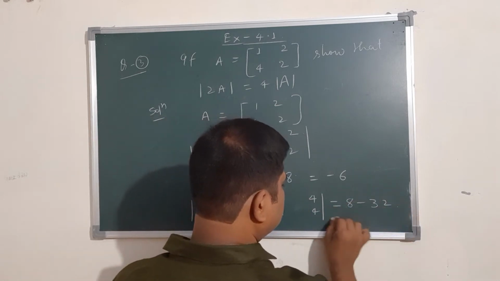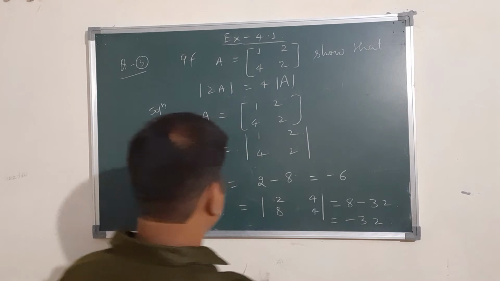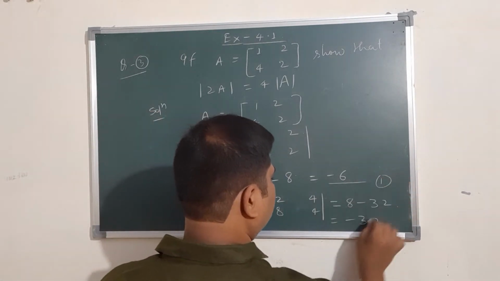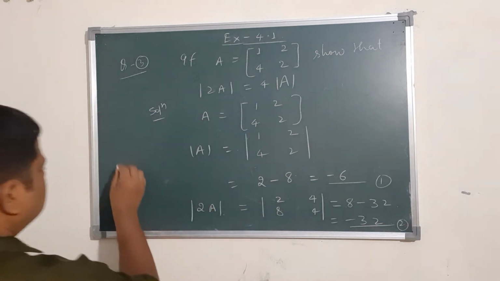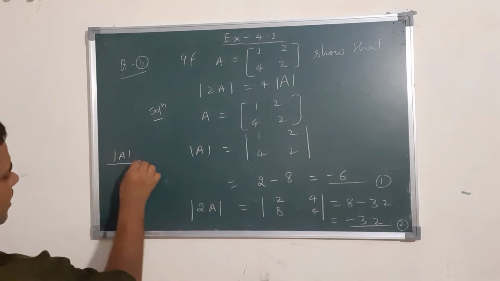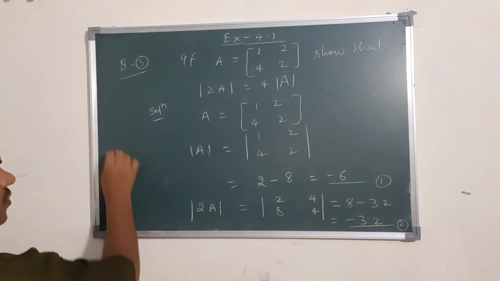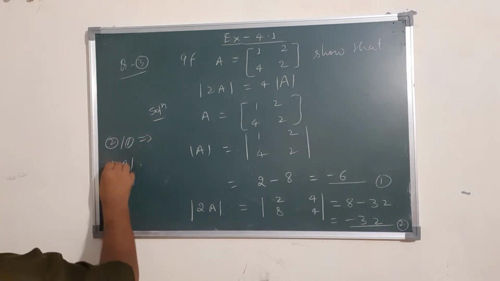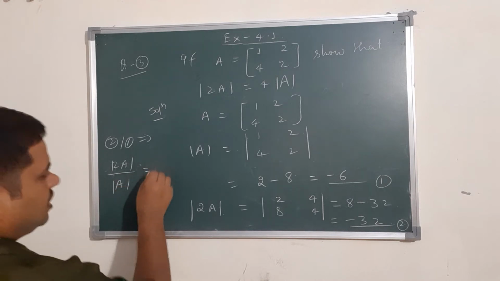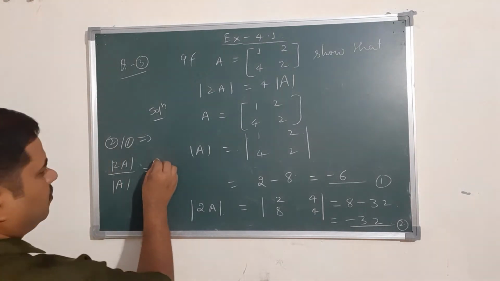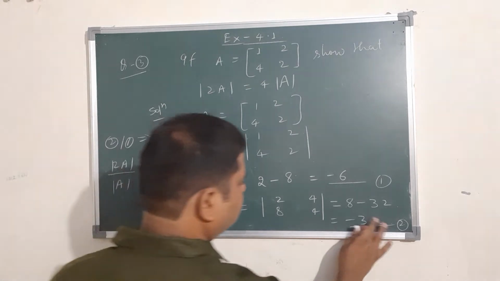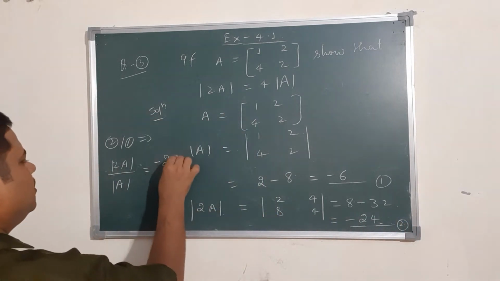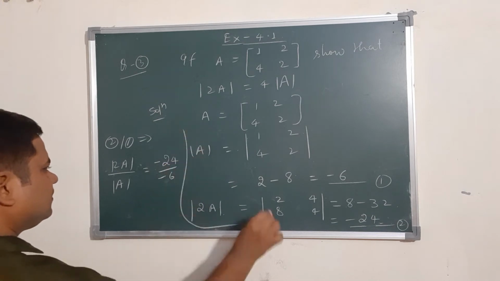This is minus 24. So here we see, if we consider these as equation 1 and equation 2, then equation 2 divided by equation 1 implies determinant of 2A divided by determinant of A is equal to minus 24 divided by minus 6.